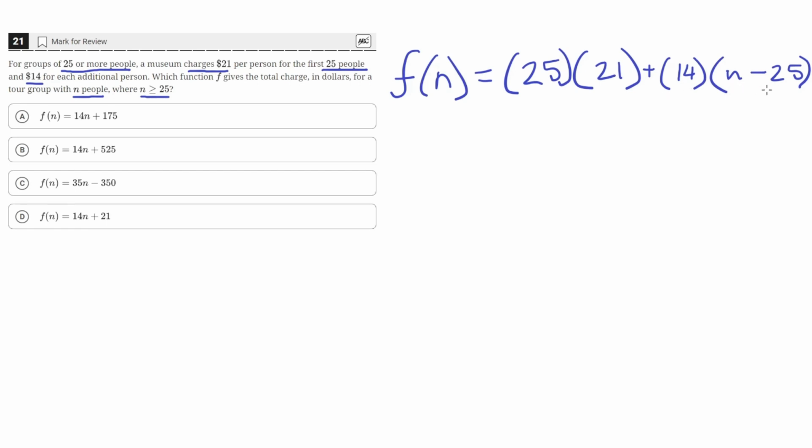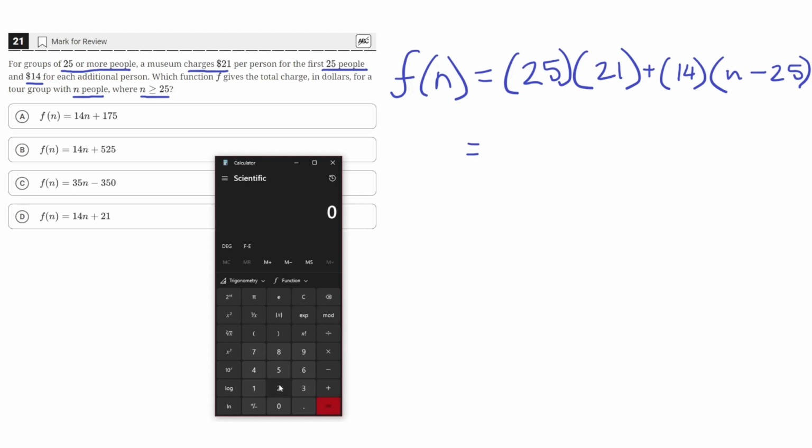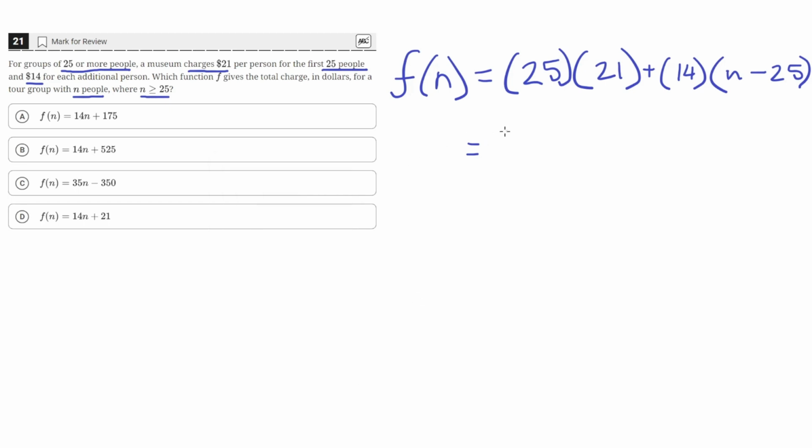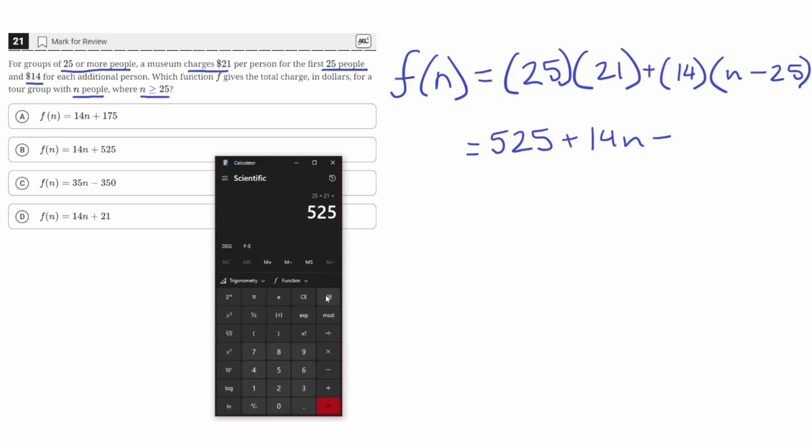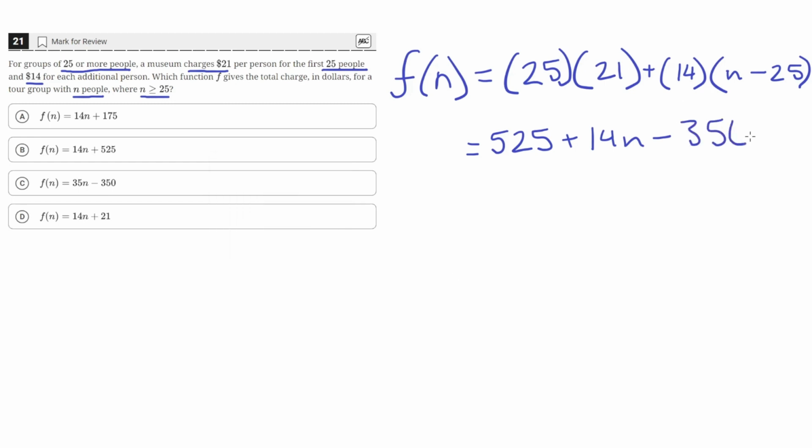So we're not going to just multiply by n, we have to multiply by n minus 25, because only the people after the 25th are charged 14. So then we can just expand this out. So 25 times 21 is 525 plus 14n minus 14 times 25, which is 350.